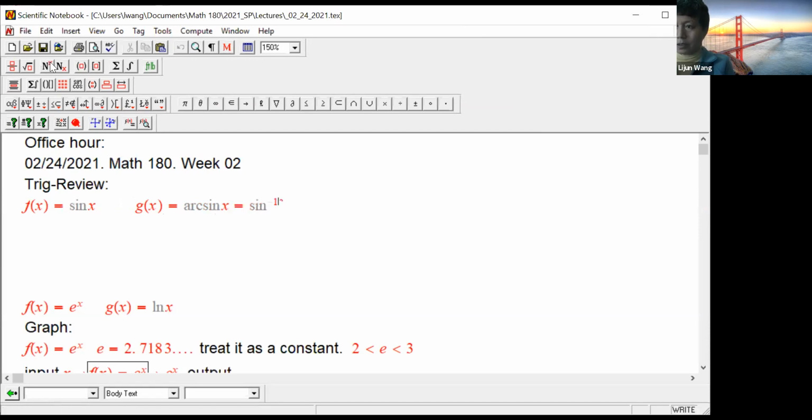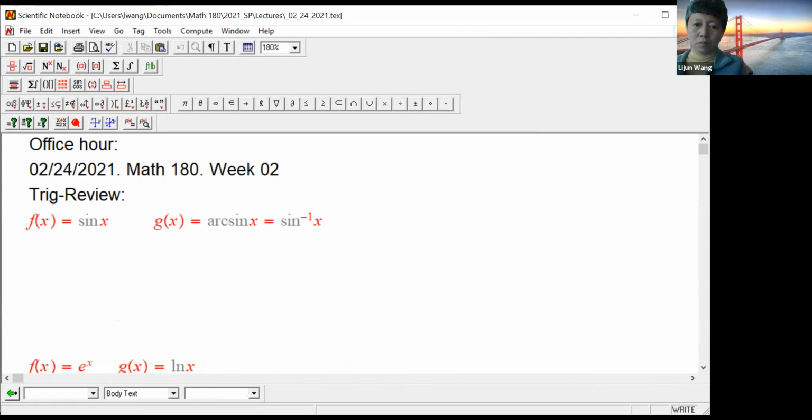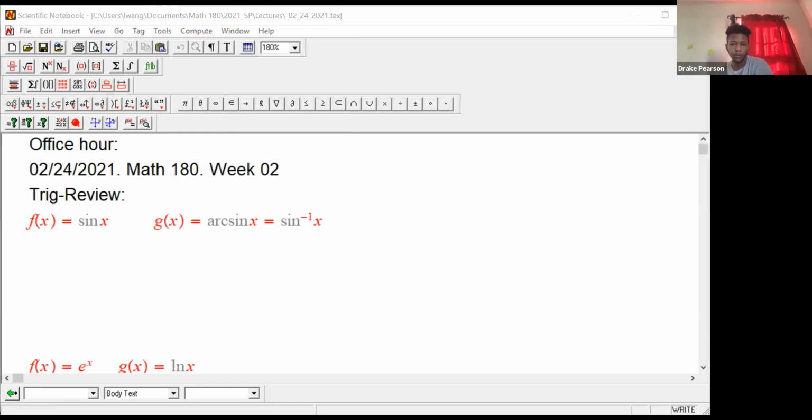They're inverse functions. Okay, I see some replies. Cortland's reply: they're inverses, they're inverse functions.